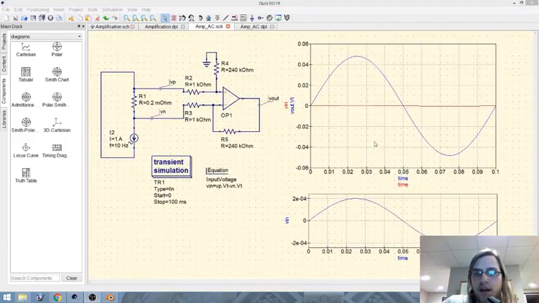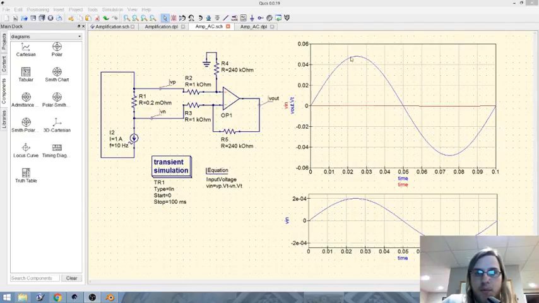So to further illustrate what's going on here, I also did a transient simulation, which is showing some sort of AC wave going through. So you can see my source now changed to an AC current source that's putting out 1 amp at 10 hertz, and that's across our shunt resistor. The rest of the circuit is the same. And so we look at our output here.